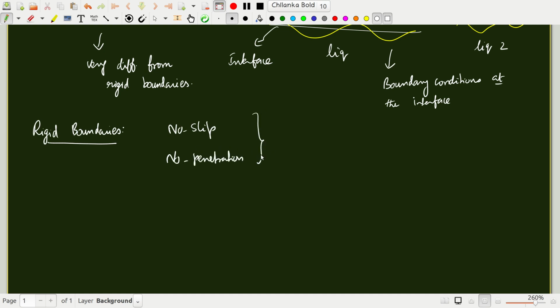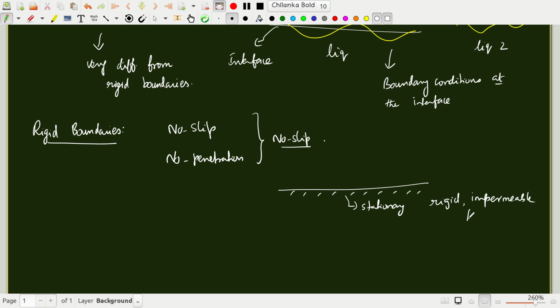Sometimes these are combined together and called the no-slip condition. Basically, if you have a rigid boundary, a flat plate, and this is stationary, because this is a rigid impermeable boundary, let's first set up a coordinate system.